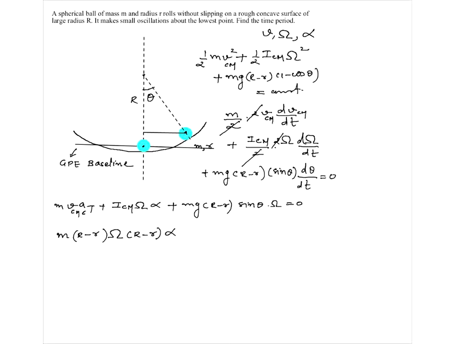It is a CM tangential. Because it is for CM, which is performing circular motion, this formula a tangential equal to R alpha is for circular motion, and center of mass is performing circular motion.